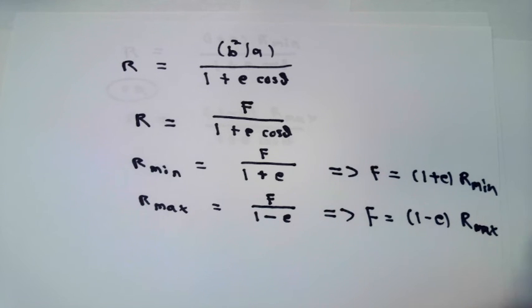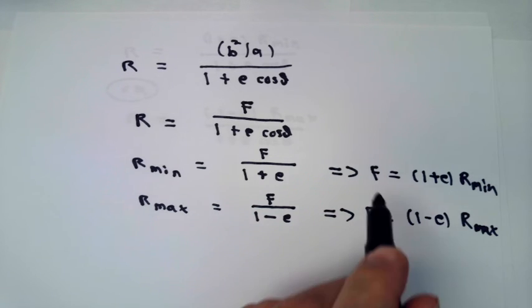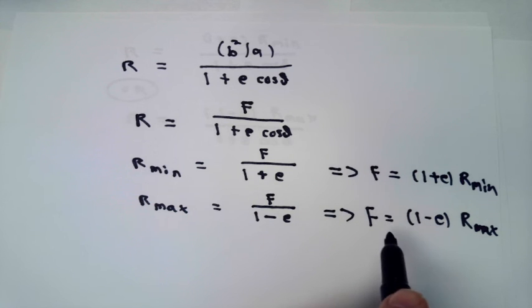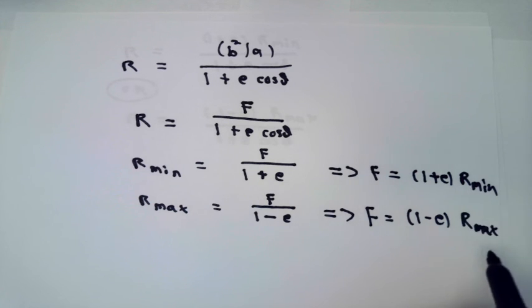Returning to the two formulas that I obtained for this variable f, if I take the fraction of these two quantities, I must get 1. If I take the fraction of these two quantities, I must also get 1.